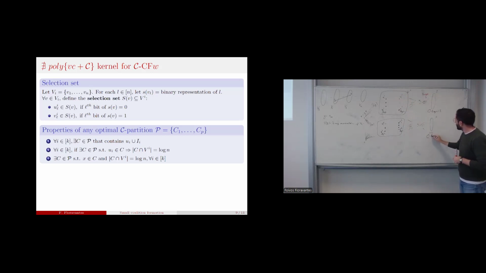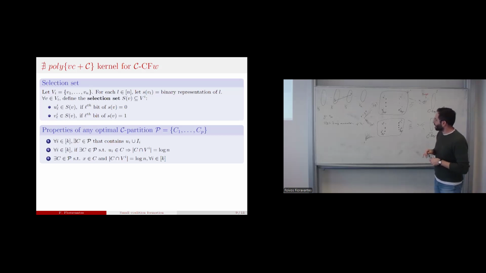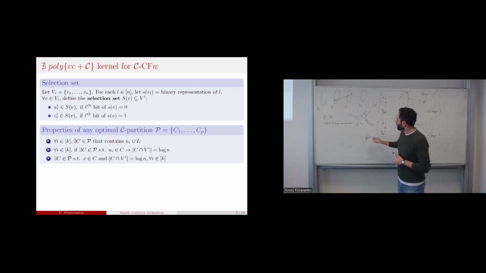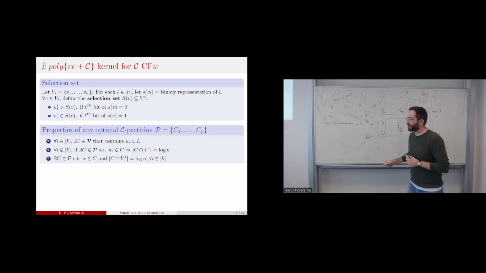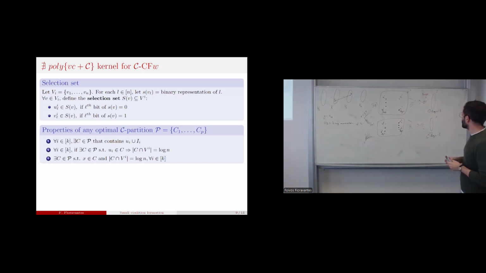So the small c should rather be another. The c of the small coalitions should be at least log n. The C should be at least log n. I don't see the c. The coalition size, the coalition C, should be at least, yes.